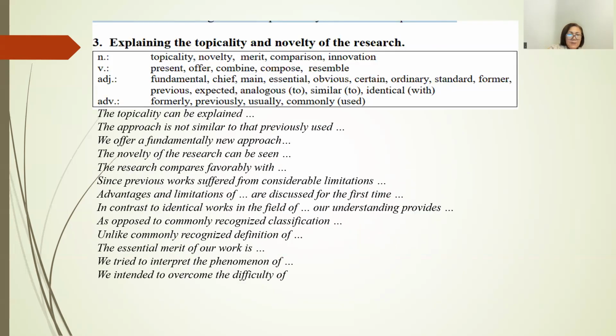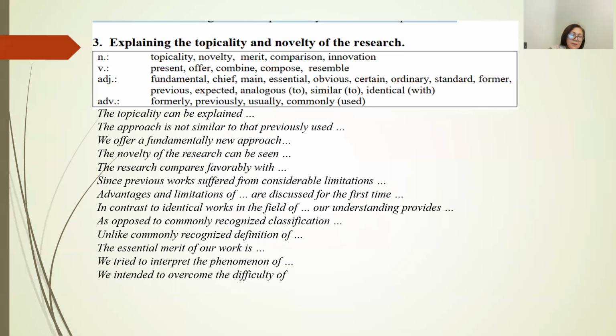Next step is explaining the novelty of your research paper. Also, you can see the list of nouns, verbs, adjectives, and adverbs that can be helpful for explanation about the novelty of your research.